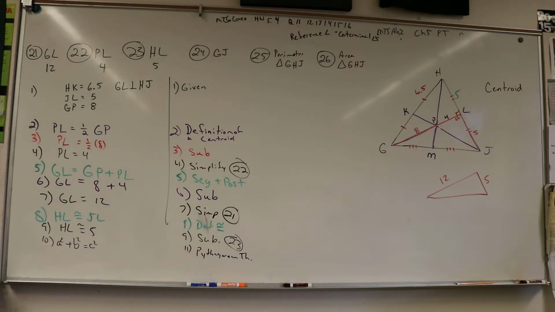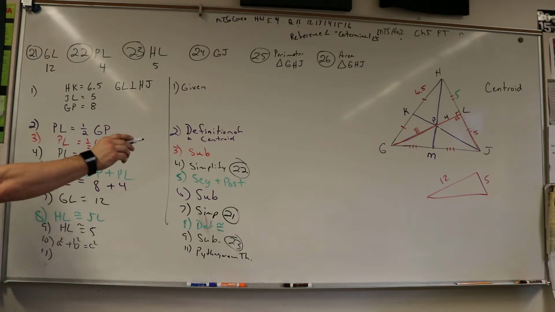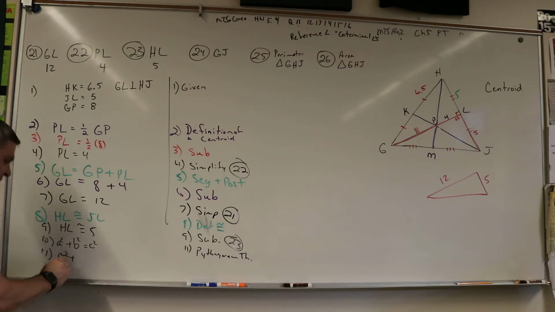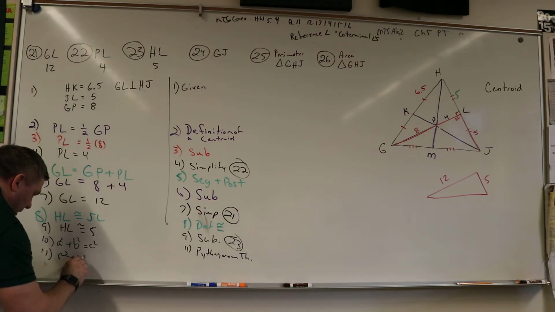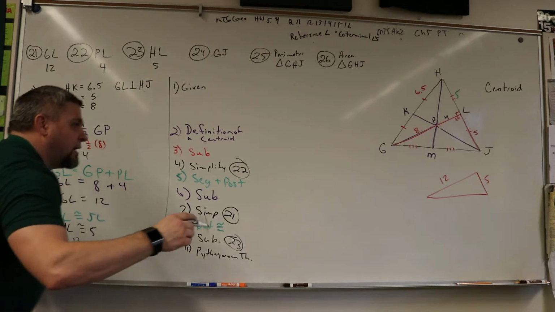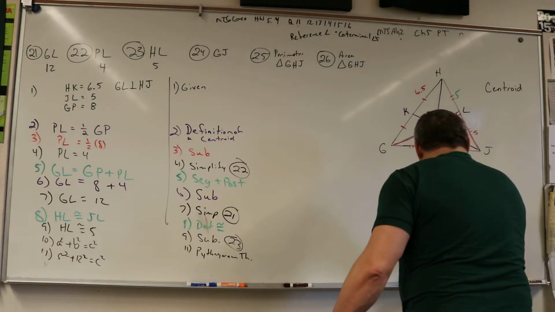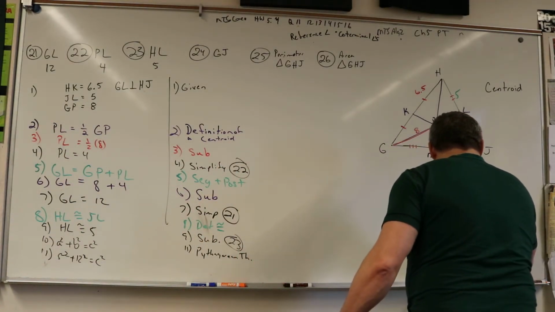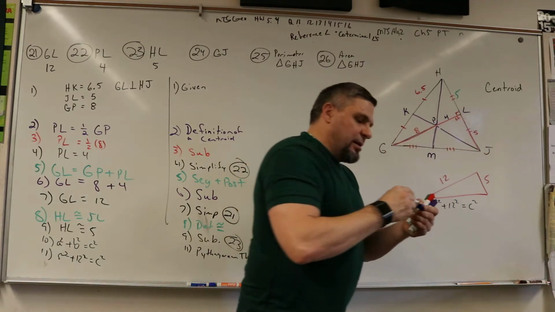You guys remember that, right? And then we're going to plug in stuff. So A is 5 squared plus 12 squared equals C squared.